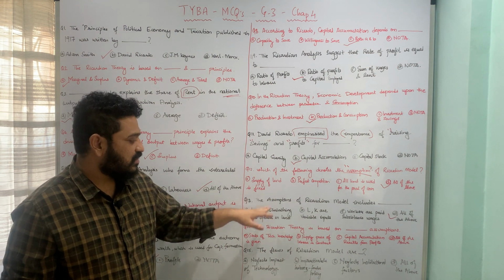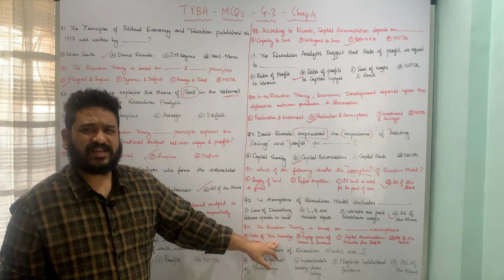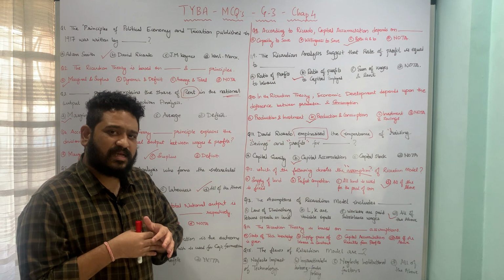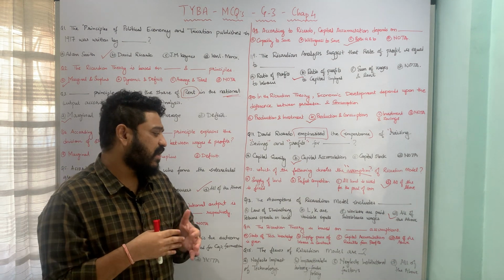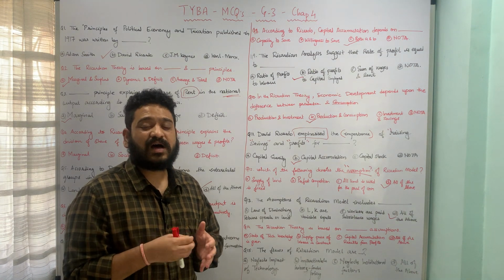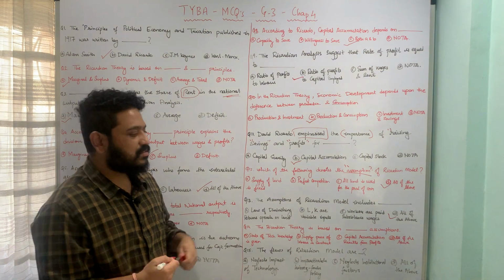In addition to these 6 points, these 3 points are also some of the important assumptions of the Ricardian model. That means the state of technological knowledge remaining constant or given, then we have supply price of labor to be constant, as well as capital accumulation results out of profits. So therefore option D, all of the above, is the correct answer.